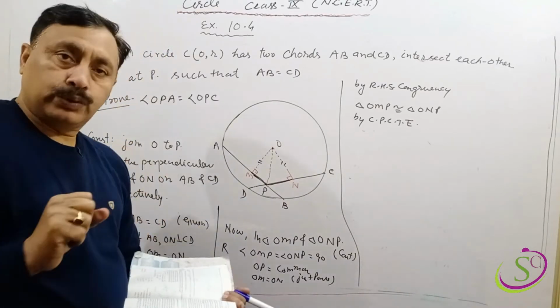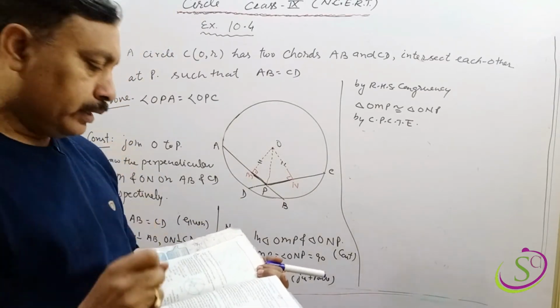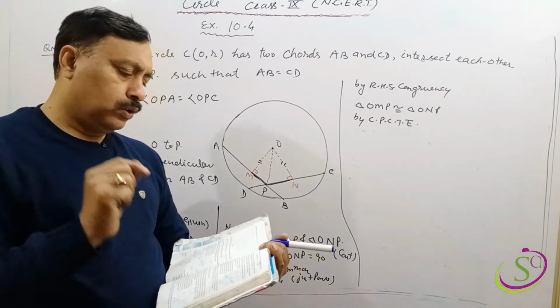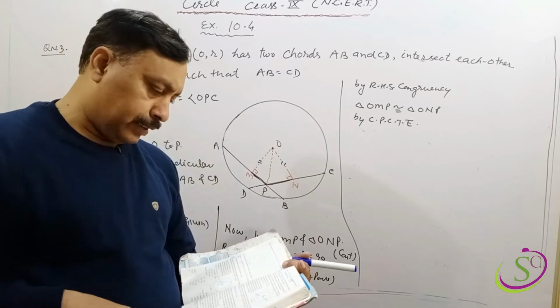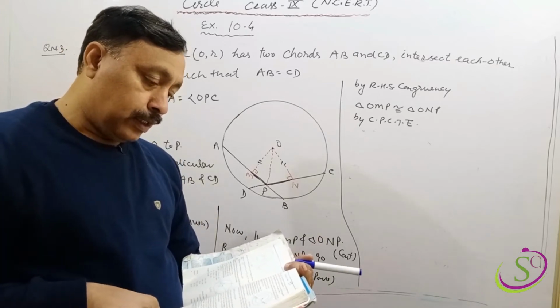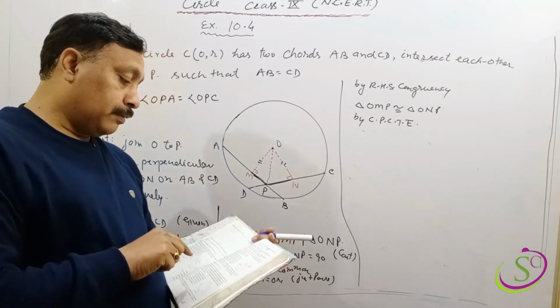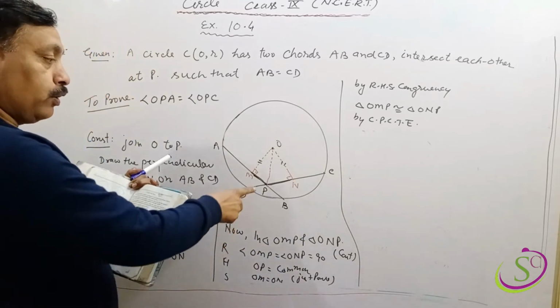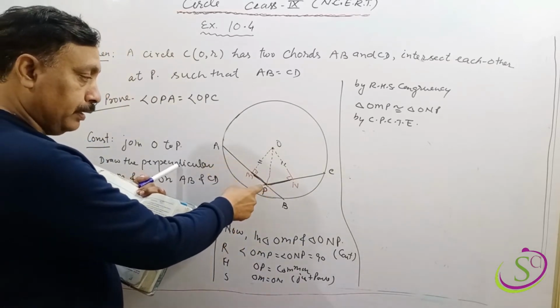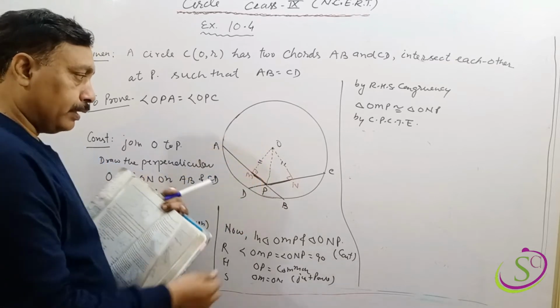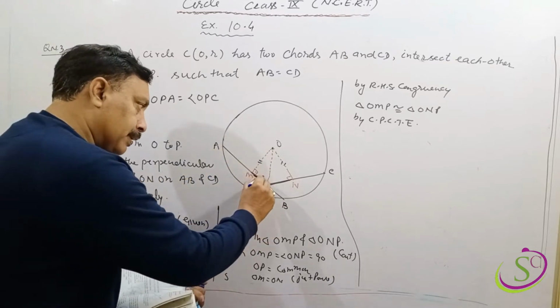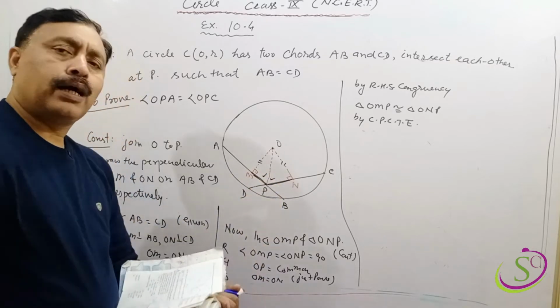Okay, and now question number three. The third question says that two chords of a circle intersect within the circle. Then prove that the line joining the point of intersection of both the chords, which is P, to the center O, this line OP makes equal angles with the chords, means this angle and this angle are equal.